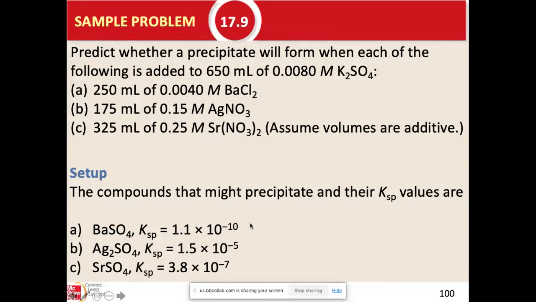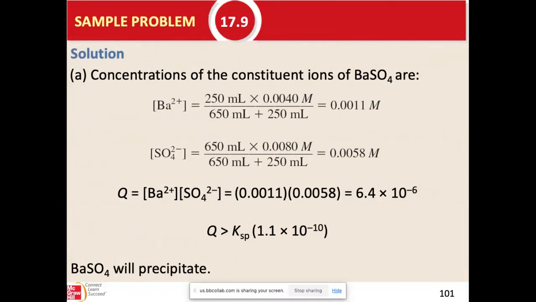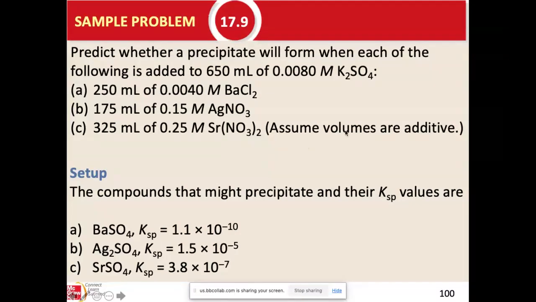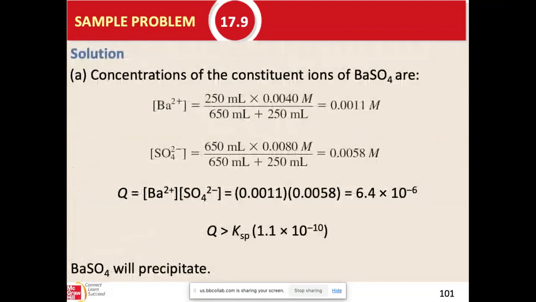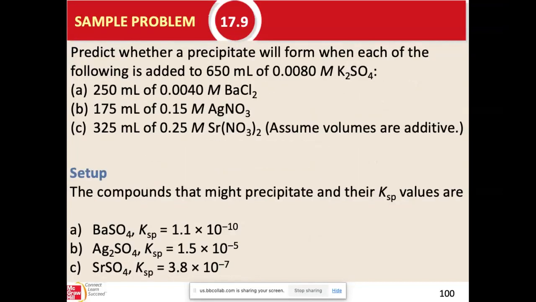Now we need to find the concentration of the sulfate. Let's go back over here.